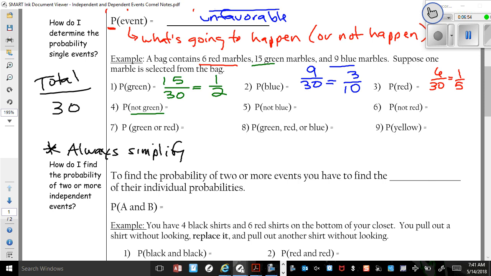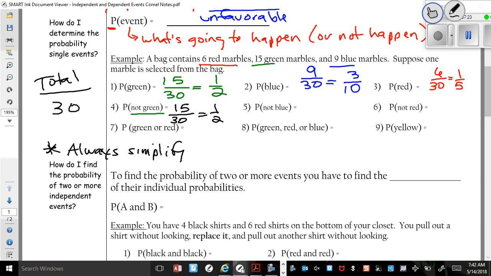Yeah, the other half. So if you know the probability of green is 1/2, the probability of not green would be 1/2. Now, it works out nice and neat that way, but what we want to do is count up again. So 15 out of 30, 15 would be not green. Easy. Like John said, if the probability of green is 1/2, the probability of not green is too, but you would add up all the ones that are not green.